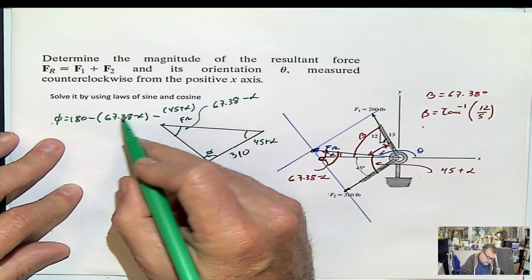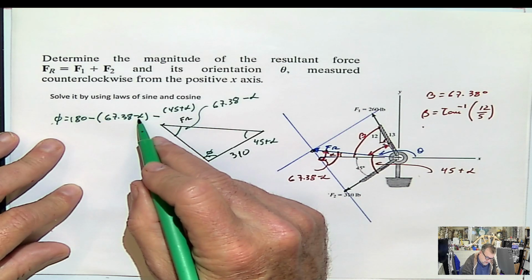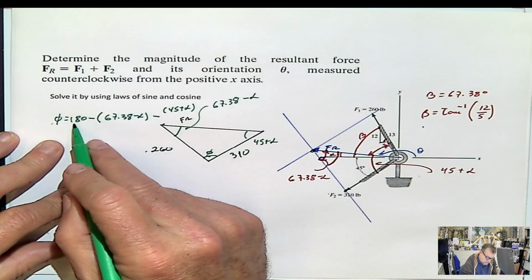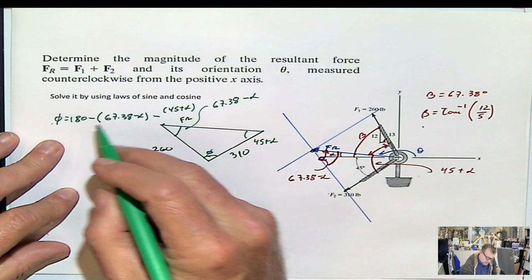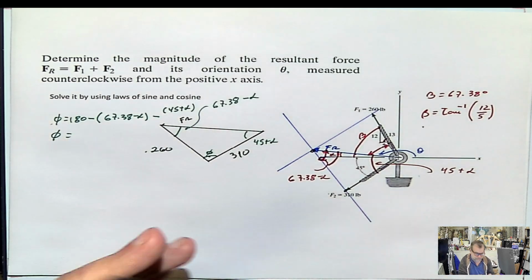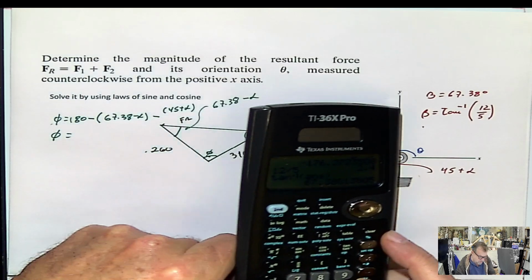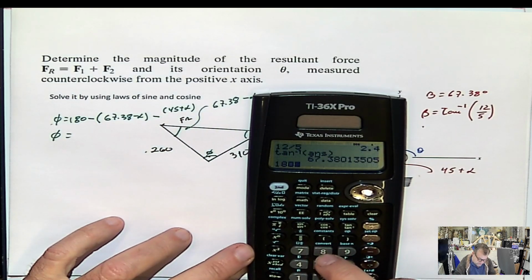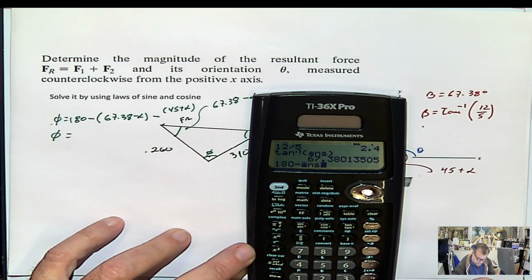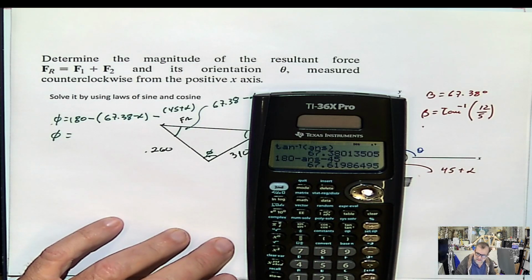Which basically, this alpha, minus times minus is plus, and minus times plus is minus, is going to cancel, and phi is going to be 180 minus 67 minus 45. And that value will be 180 minus the previous value, which I have here already, minus 45. That will be 67.62.